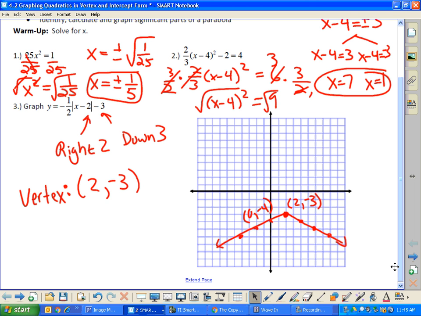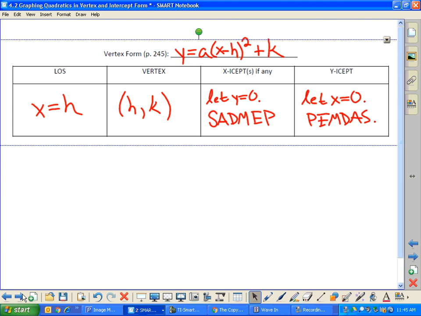All right, so we have 2 forms left for a parabola. One is vertex form, and it's a whole lot like vertex form for your absolute value functions. Do you see how similar? There's even an A, H, and K again. So y equals a times (x minus h) squared plus k. That h value tells you how far your graph moves to the right or left, and that gives us our axis of symmetry.